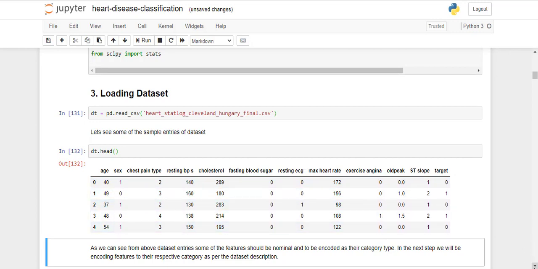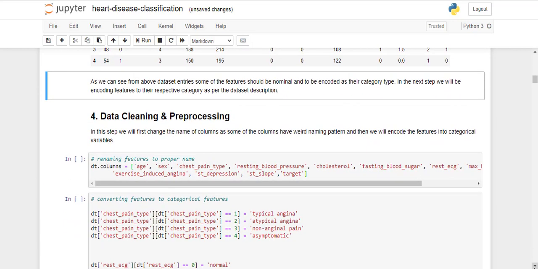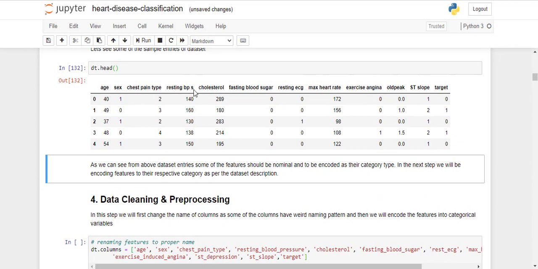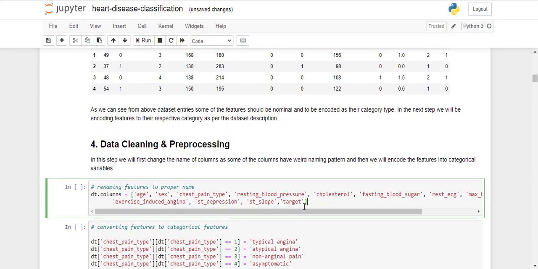Next, as we can see, some of the columns are very out of order, and we cannot understand the meaning of these features. So what I have done is renamed those columns with proper names: chest pain type, resting blood pressure, cholesterol, fasting blood sugar, like that.